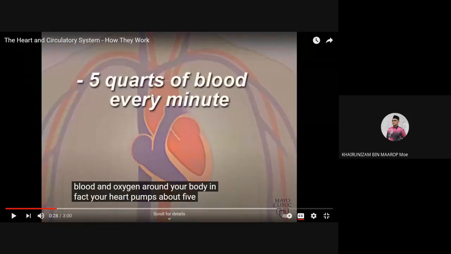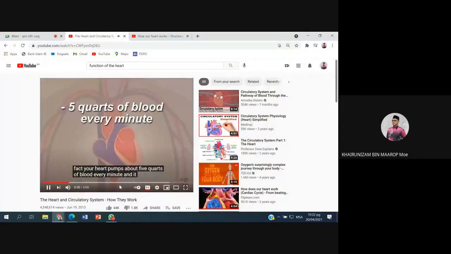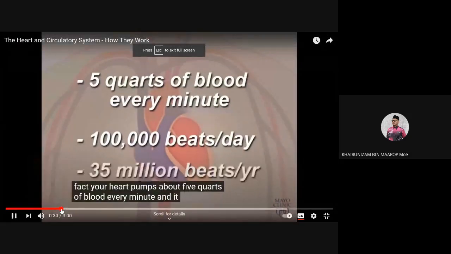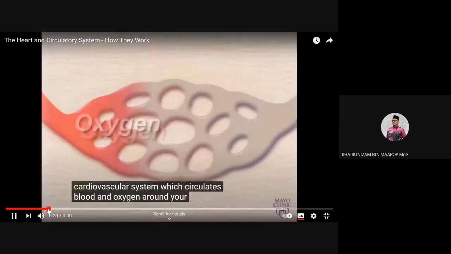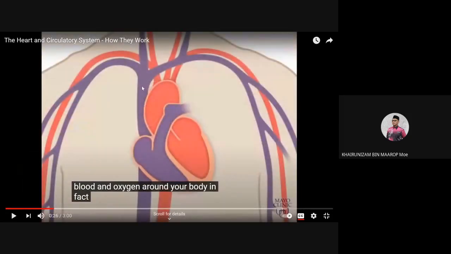Okay, if you look at this one, the blue color is the vein, and it continues to the right atrium.